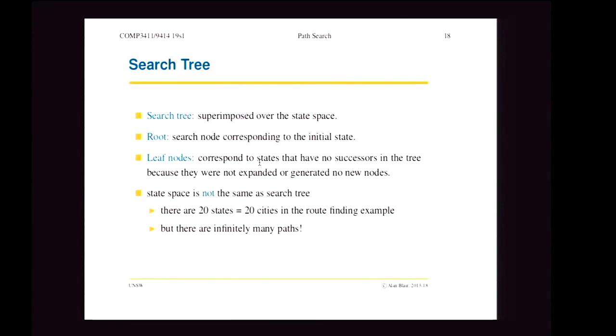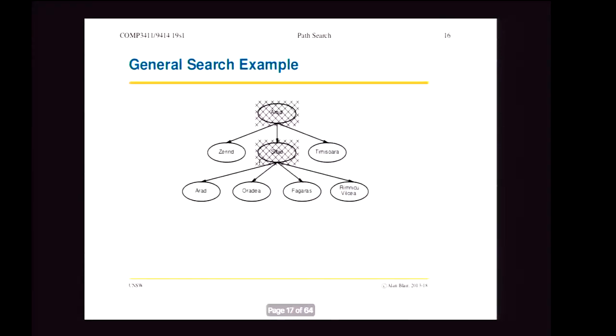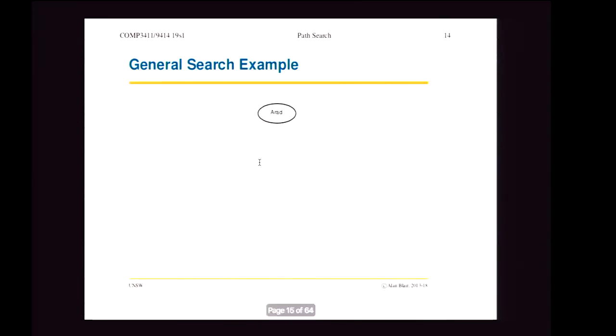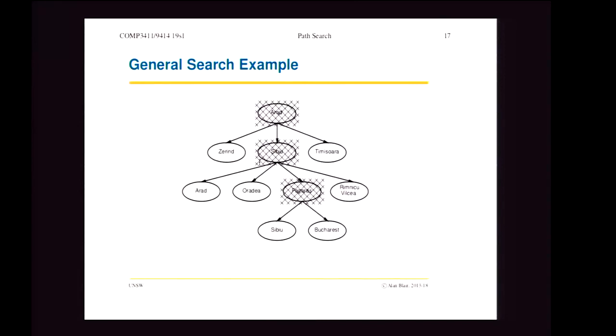Now, notice there's a difference between the states and the nodes in the tree. It's possible that the same state may occur twice. So Arad occurred here and it also occurs here. So there isn't a one-to-one mapping between the states and the nodes.